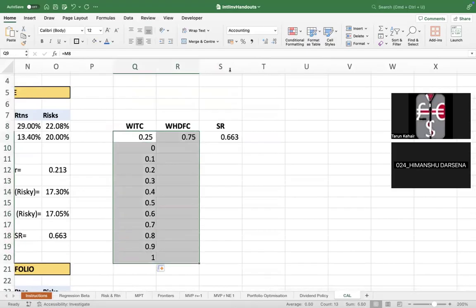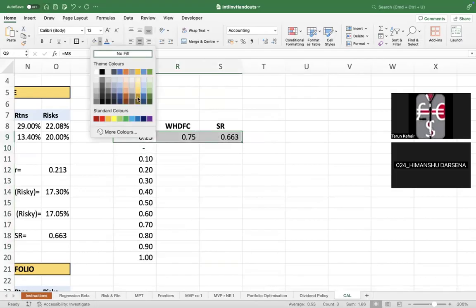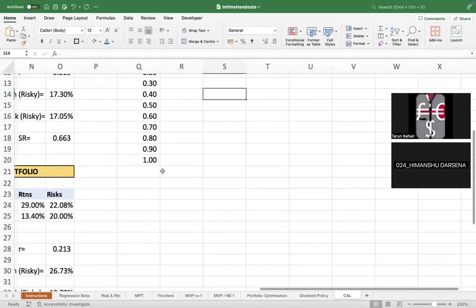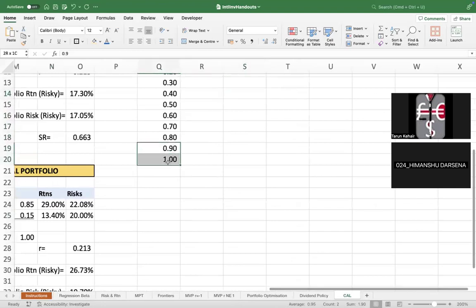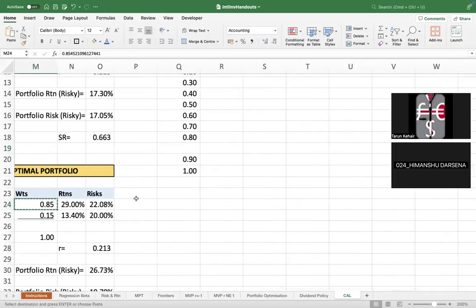And just to check कि मेरा Sharpe's ratio actually उस जगह पे optimal हो रहा है या नहीं, what should I do? I should insert a row between 0.8 and 0.9 and copy this weight here, this one.